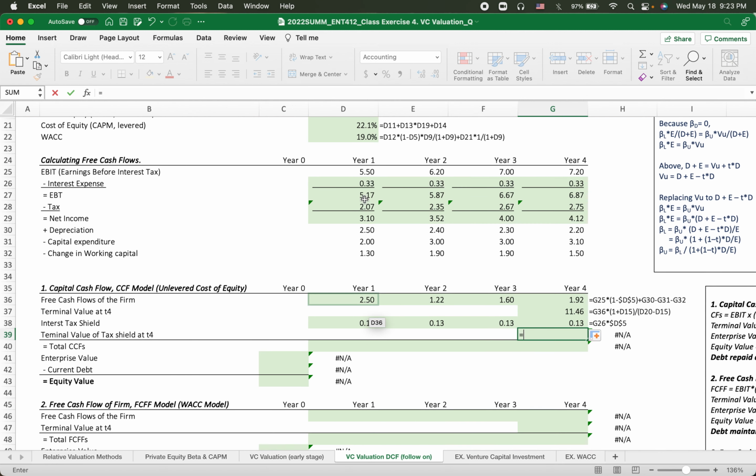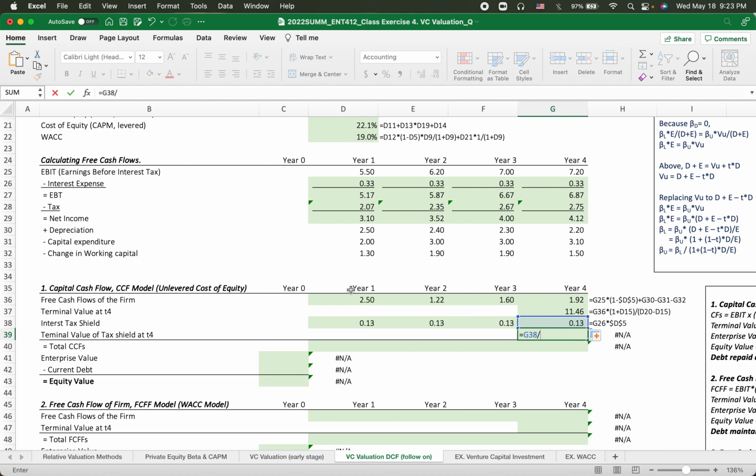I know it's a little bit unrealistic, but if we assume the interest tax shield under this capital structure will be maintained, then we need to get the perpetuity of this interest tax shield.